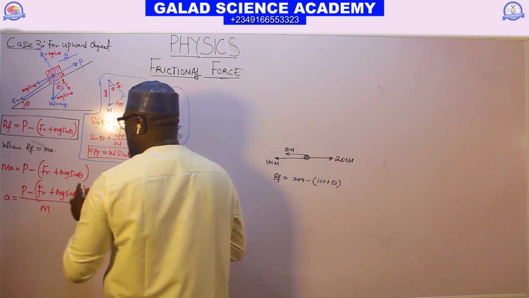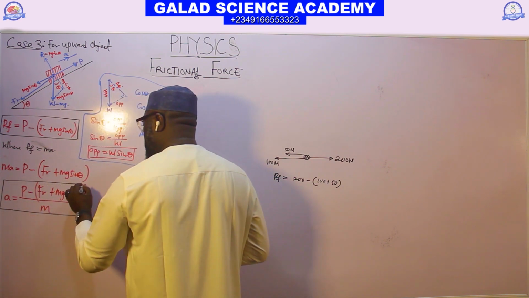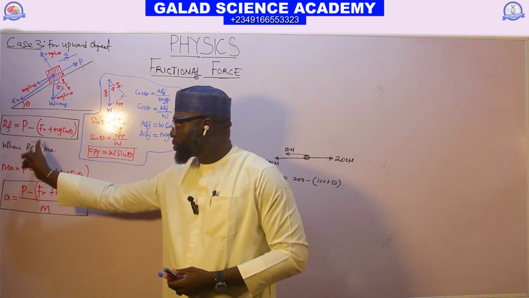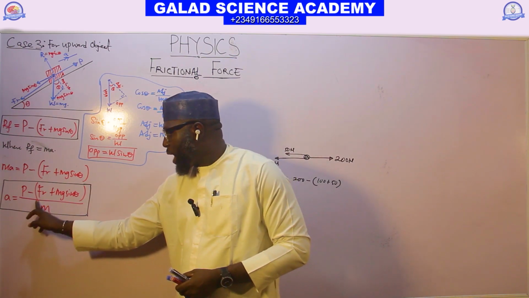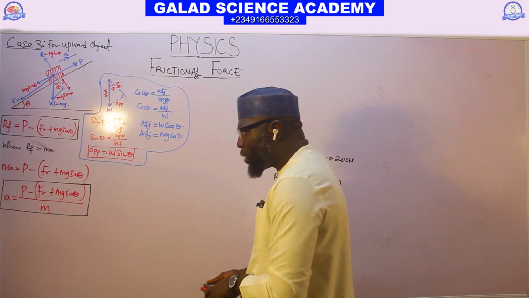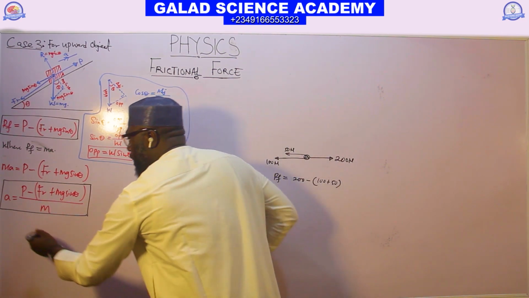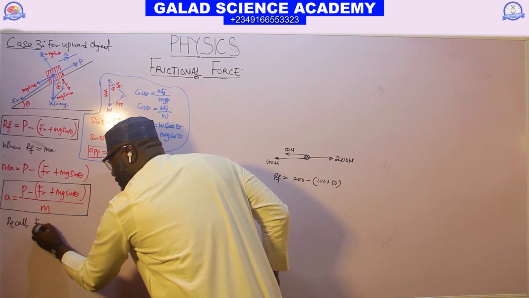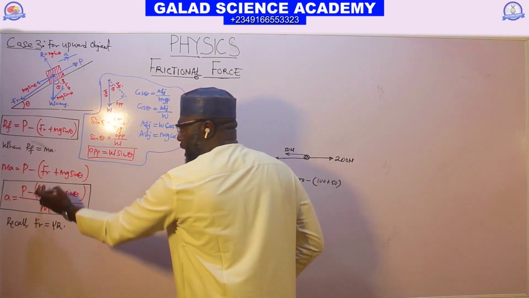This is the acceleration of the object. But don't forget, we can also change this formula further. Recall that frictional force is mu R. We can put it here.